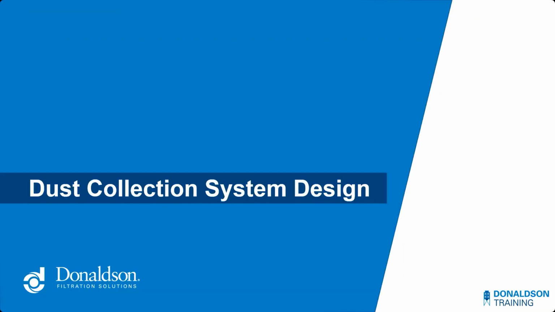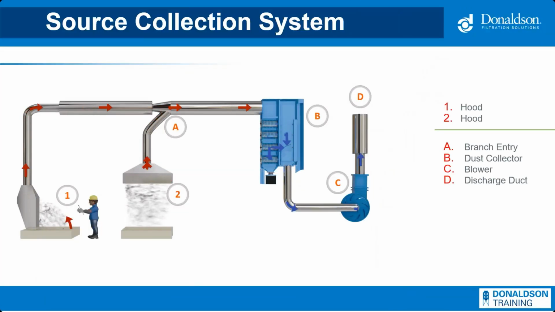Let's talk about the basics of dust collection systems for both wood and weld shops. This is a diagram of how a source collection dust collection system works. A blower or fan creates an airflow, which is used to capture dirty air with a hood and then convey the material through a series of ducts to a dust collector.